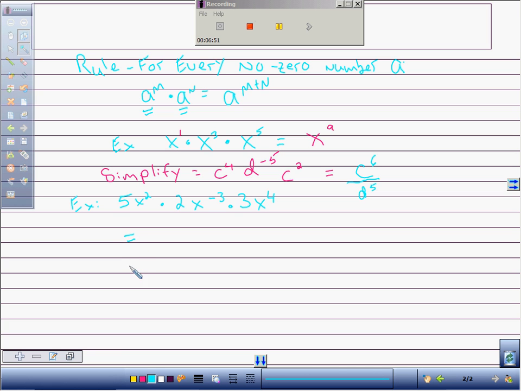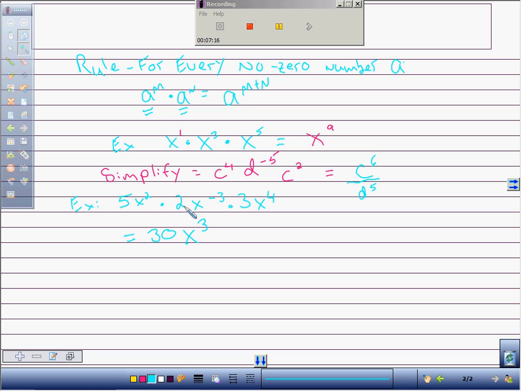What's that equal to? What do I do with 5 times 2 times 3? You multiply that out. 5 times 2 times 3 is 30. And then you add up all the exponents. 2 plus 4 makes 6, minus 3 makes 3, so it'll be 30x to the positive 3. You guys understand that?